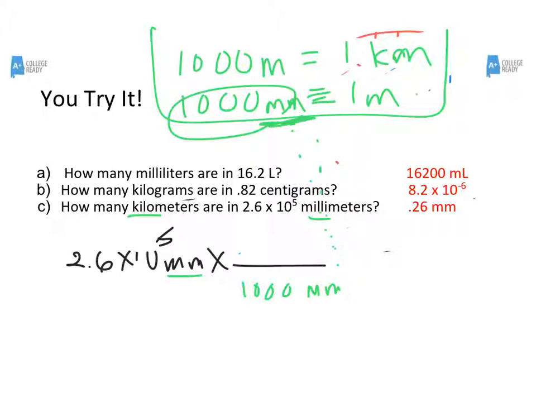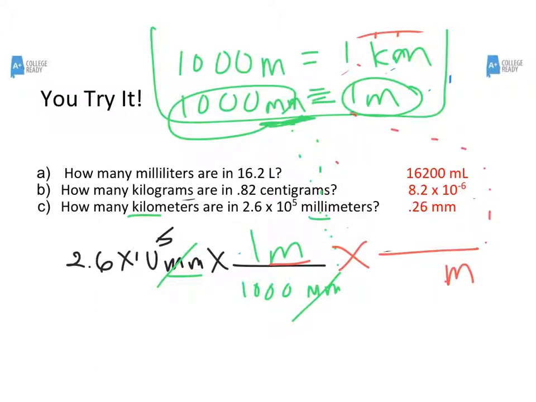Whatever that was equal to goes on top, 1 meter. I've now gotten rid of the millimeters and I am at meters. One more step. Whatever unit is here goes here, meters. Go to the conversion factor and find the meters. Look at the number, put the number with the unit. Go back to the conversion factor, find what it's equal to, put that on top.